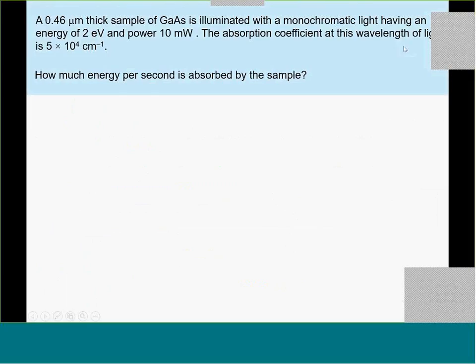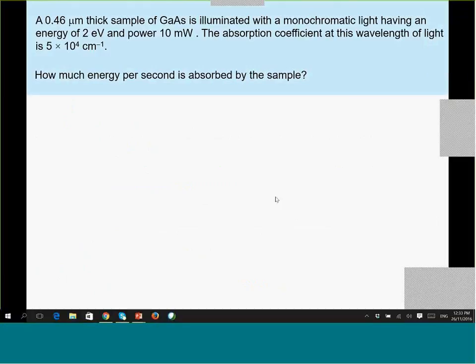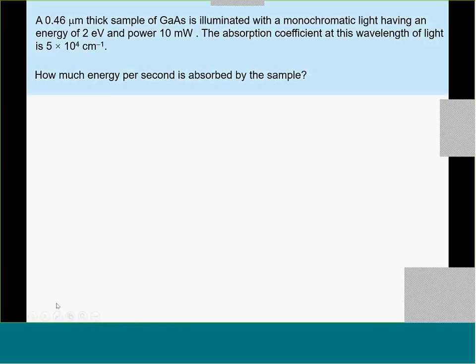Let's have this question. A 0.46 micrometer thick sample. So this is going to be our L, isn't it?